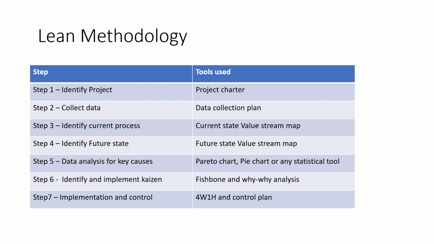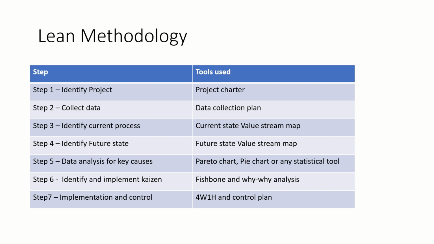So for step number 1, which is to identify a project, you need a project charter. To collect data, you need a data collection plan. And to understand the current process, you need to define a current state value stream map. And then to create a future state, you need to create a future state value stream map.